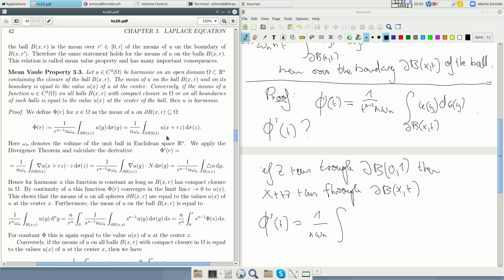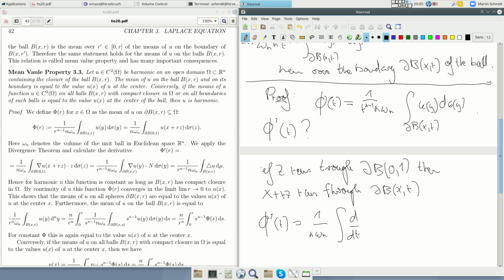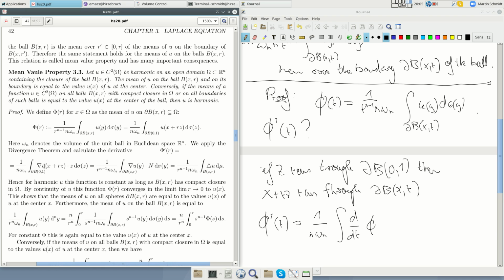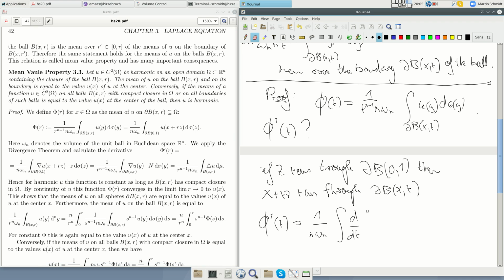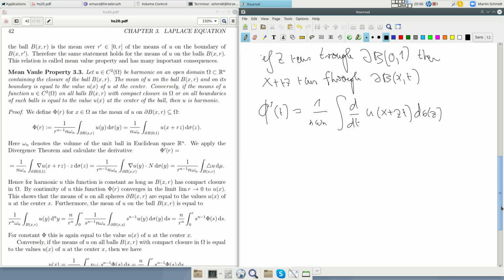And now we should take the derivative with respect to r of u of x plus r z, d sigma of z. Okay, and this we can calculate.